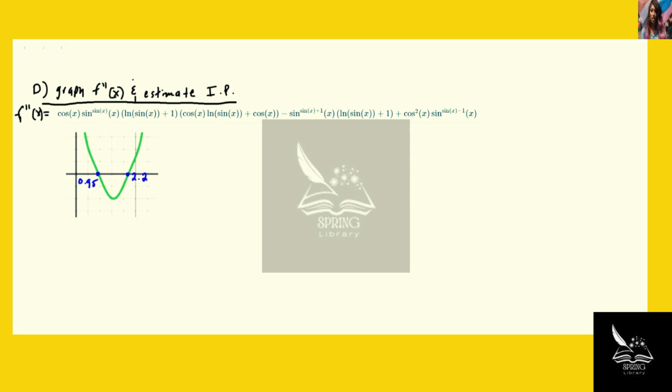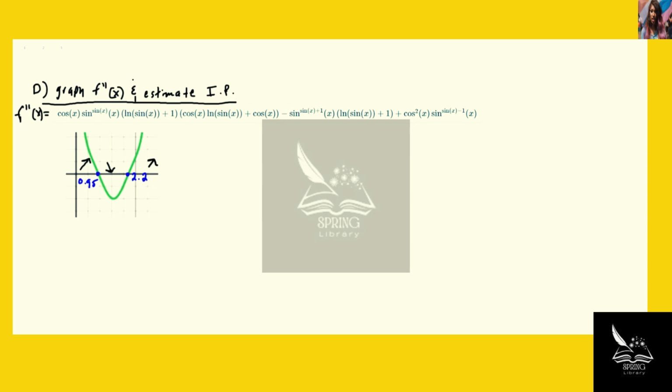And so we can see that on either side of these, so to the left of 0.95, the function is going to be concave up because f double prime is strictly larger than 0. And to the right of this is going to be concave down since f double prime is strictly less than 0. And then to the left of 2.2, it's concave up. So each of those do end up being points of inflection.